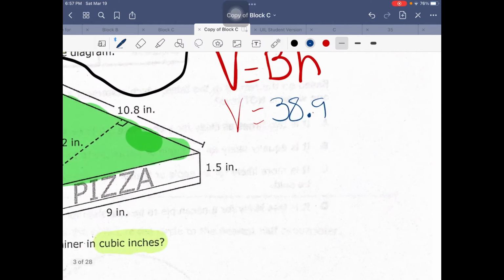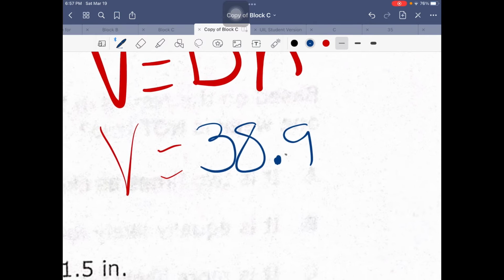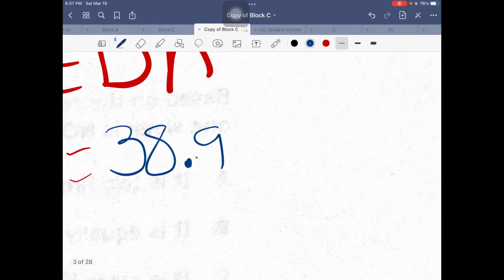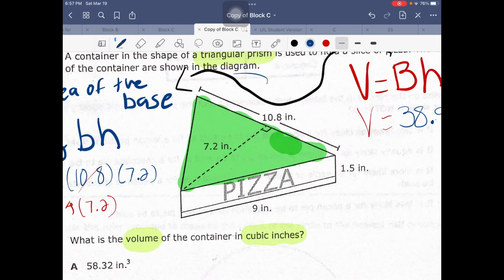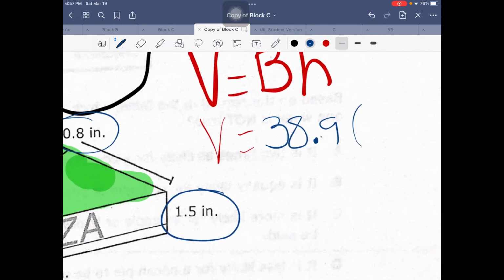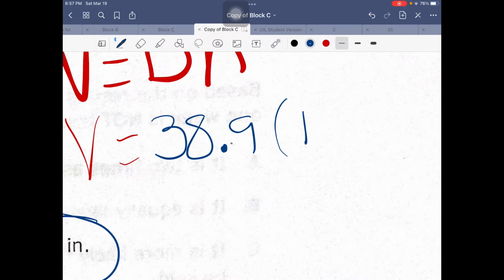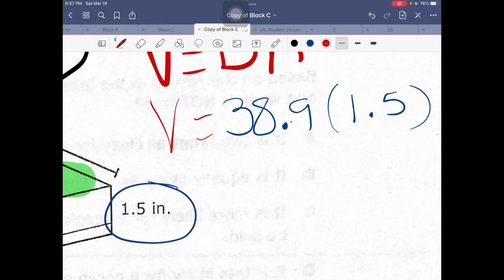I can do 38.9. And that will be extremely close to my actual value. What's the height for the triangular prism? Now we're going to stop pretending it is not in the prism. Now we're going to consider everything, the 3 dimensions. We already did these 2, so that means we need the height. H represents height, so height is 1.5. After we multiply those 2, that's our answer.